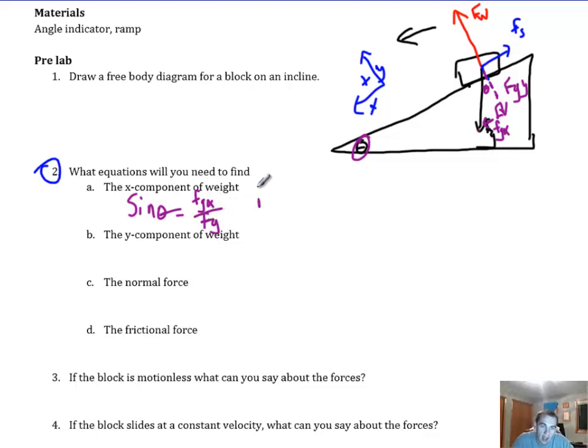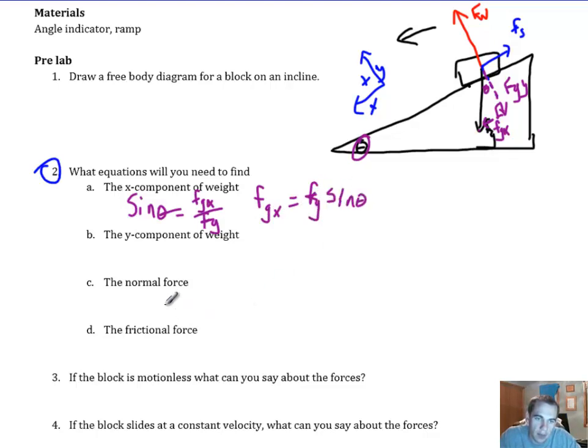Rearranging this equation, FGX is equal to FG, force due to gravity, times the sine of theta. Y component of weight, similar process, only instead of using sine, we're going to use cosine because we're looking at the adjacent side.